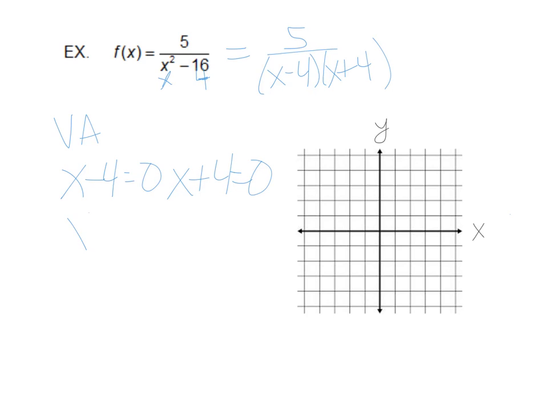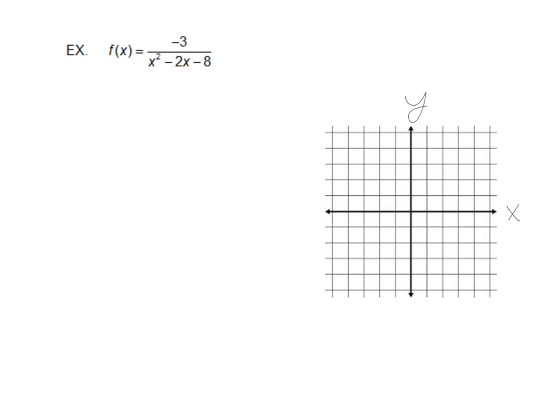And solving, x equals positive 4, x equals negative 4. So this function has two vertical asymptotes, one at positive 4, so put a dotted line on positive 4 and one at negative 4. So the graph is not allowed to touch either of those dotted lines. It will get very close to it, but it can't cross it or touch it.